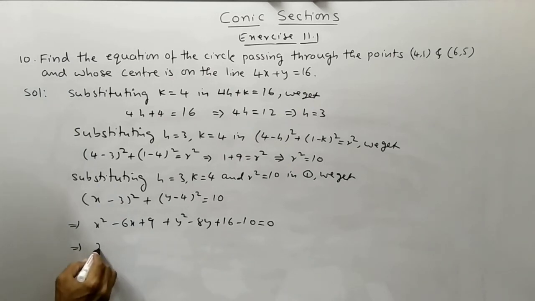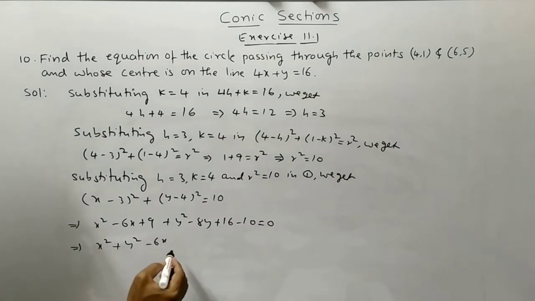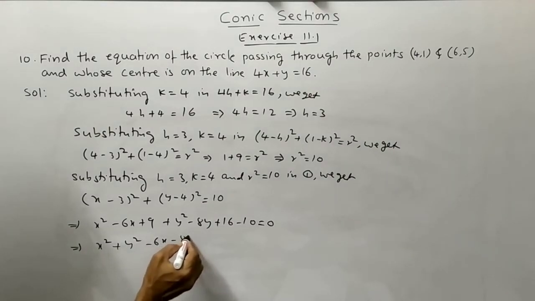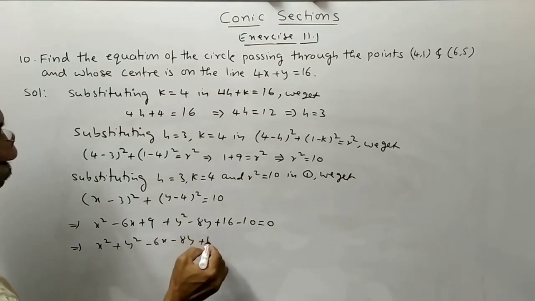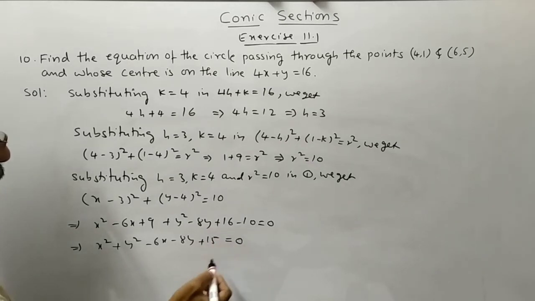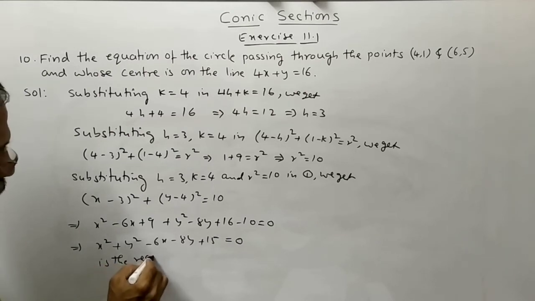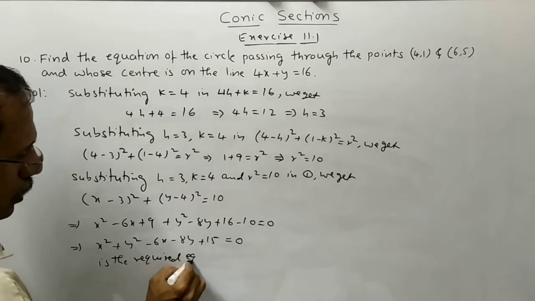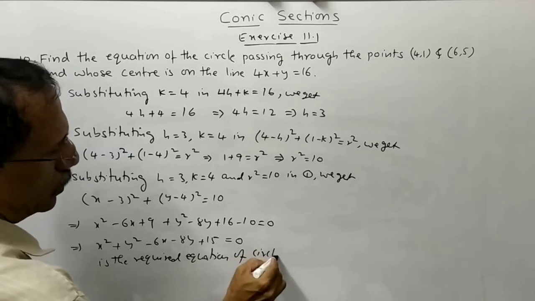This implies x² + y² - 6x - 8y + 15 = 0 is the required equation of a circle.